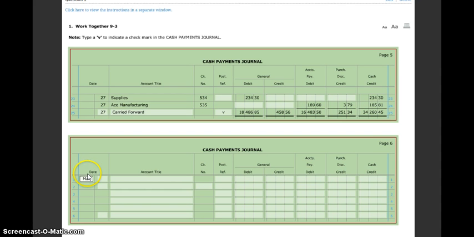We write the same date, so March 27th. We write the words brought forward.